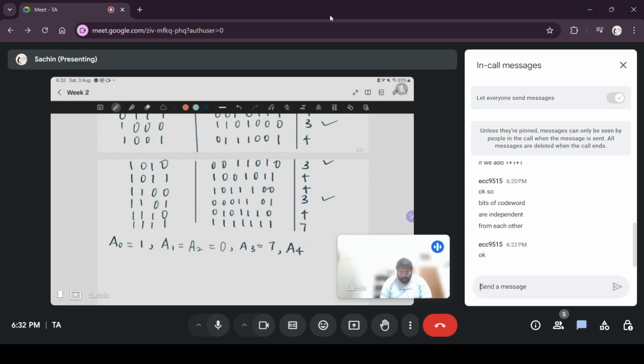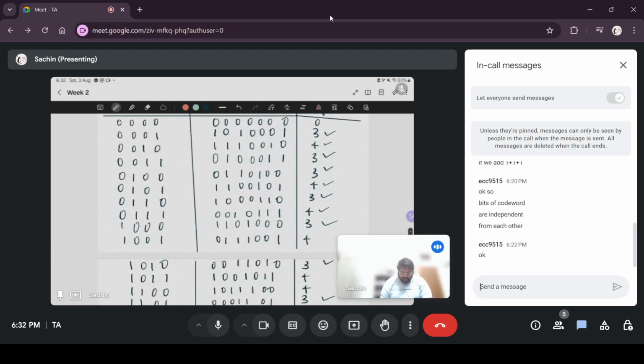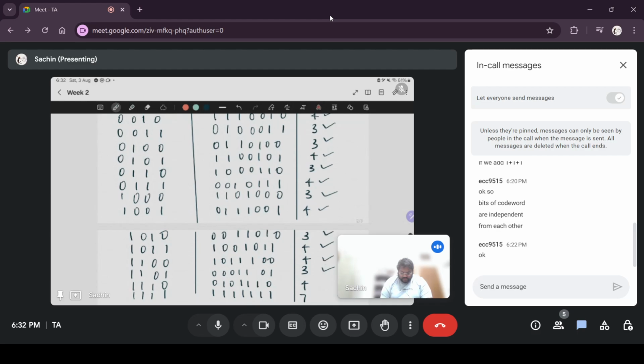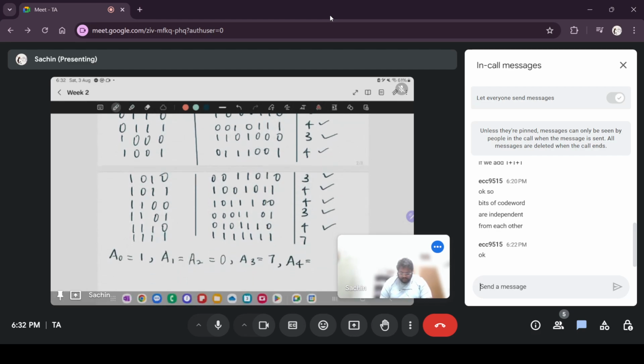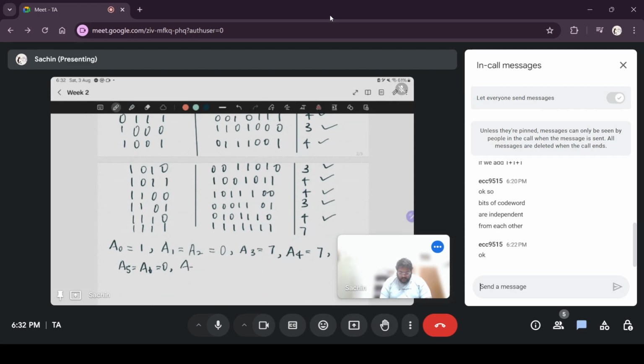Number of code words with Hamming weight 4 is 1, 2, 3, 4, 5, 6, 7. And A5, A6 are also 0. There are no code words with Hamming weight 5 and 6. There is just one code word with Hamming weight 7. So this is the weight distribution of the linear block code.